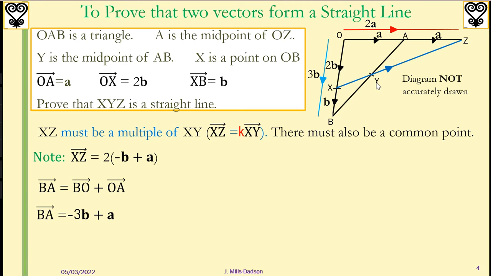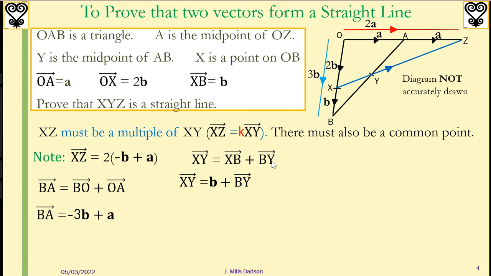Since Y is the midpoint of BA, we can work out BY as half of BA. So we now have our XY as vector XB plus BY.